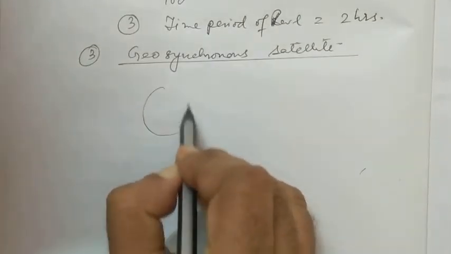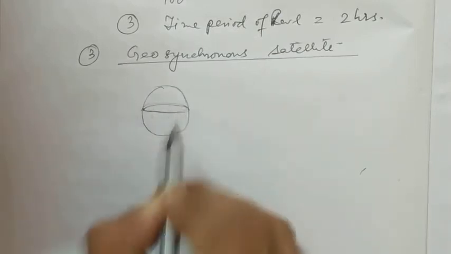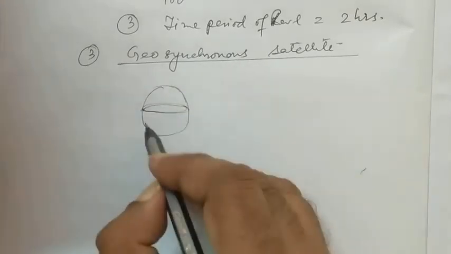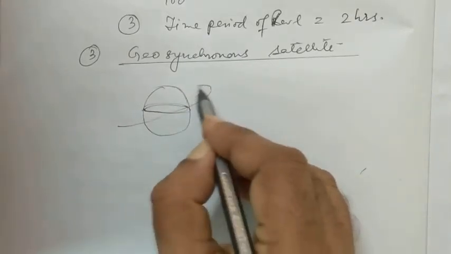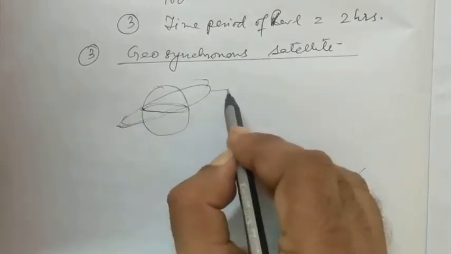This is the Earth. This is the equatorial plane. A geosynchronous satellite will have an orbit like this. This is the geosynchronous plane.